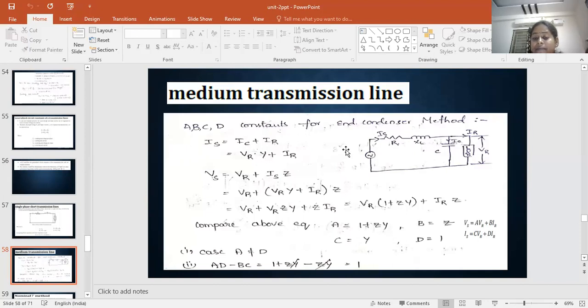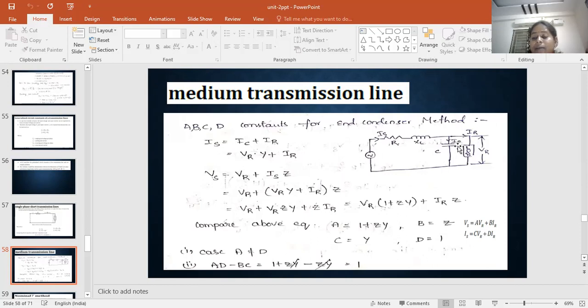Write down the first equation. Is is divided into two parts, so Is equals Ic plus Ir.